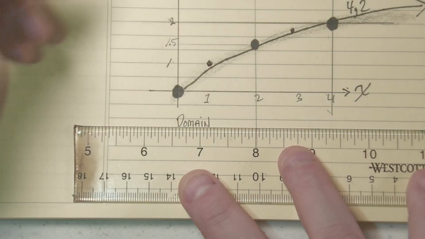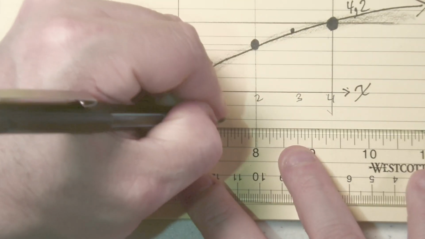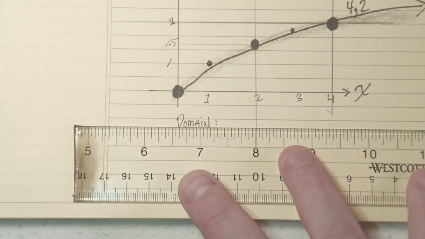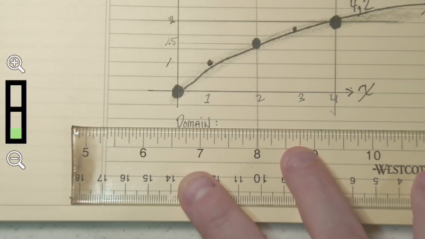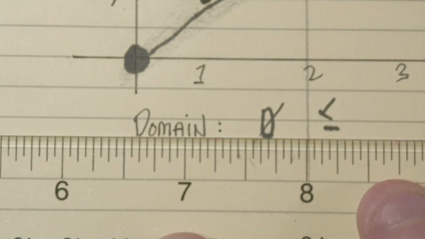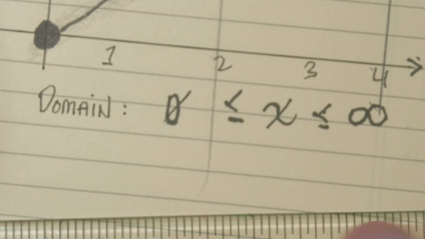You can literally write out the domain as an inequality: 0 less than or equal to x, less than or equal to infinity. This is inequality notation. Okay, that's one way of writing it.